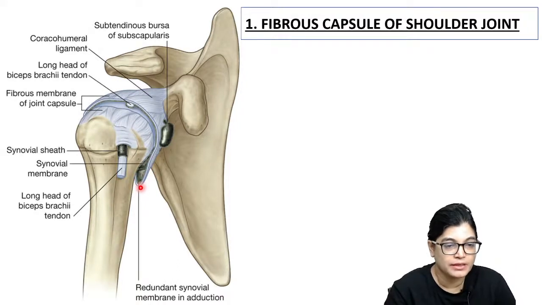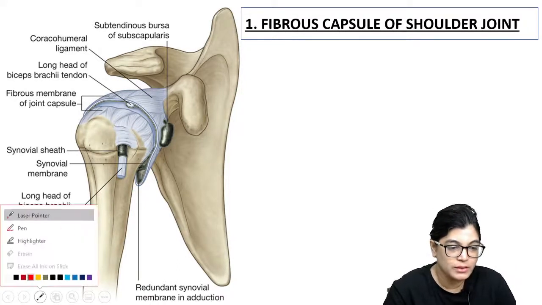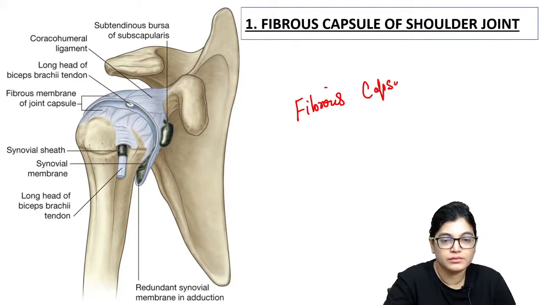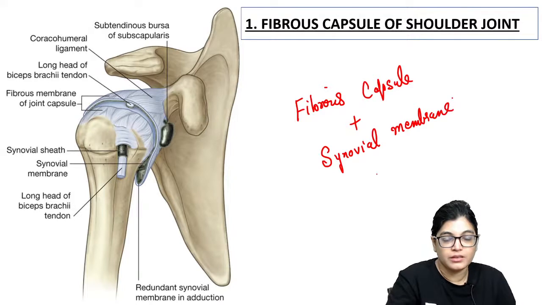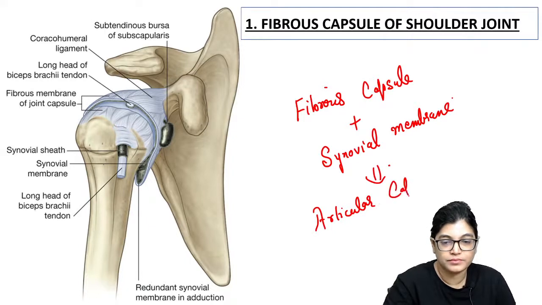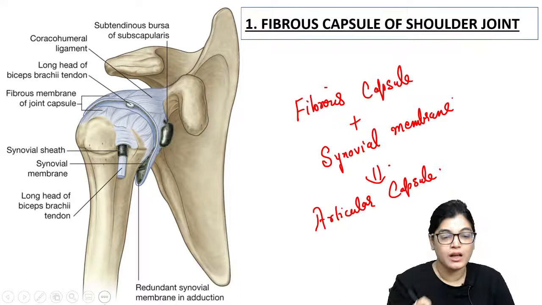So the basic point is that the fibrous capsule along with the synovial membrane together is called the articular capsule.